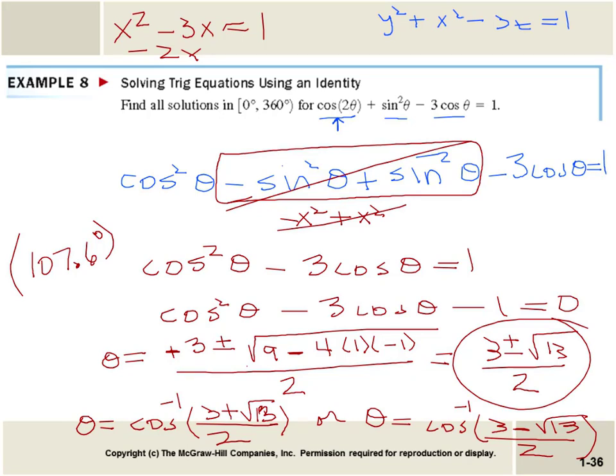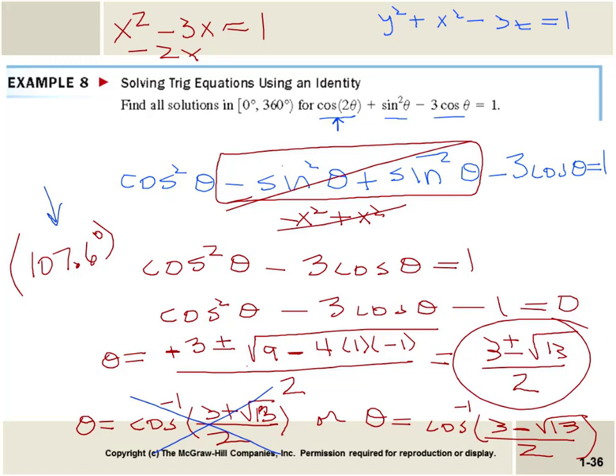Oh, the second one, the minus one comes out as 107.6. The first one, oh yeah, that's going to be too big, because 3/2 is already bigger than 1. So that's going to be greater than 1, so there's no solution for that. So there's only one solution here, 107.6.